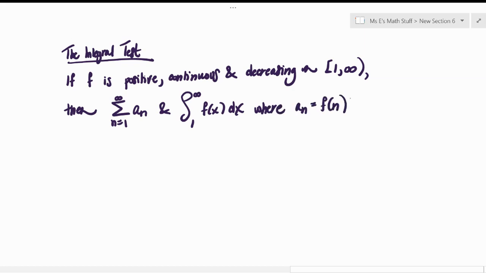I'm basically saying the function rules would be the same if we were using the same letters. I'll say what the result is, and then we'll give the argument. The result is that they either both converge or both diverge. So whatever the improper integral does, the related sum will do the same thing.